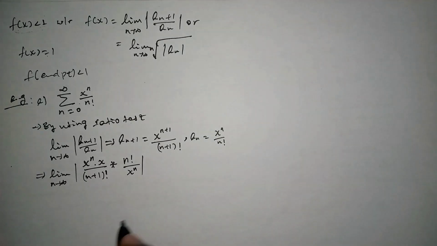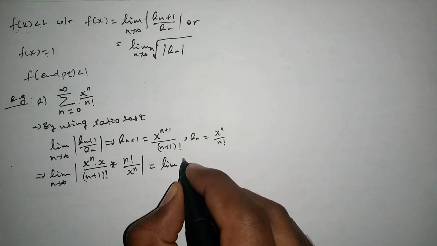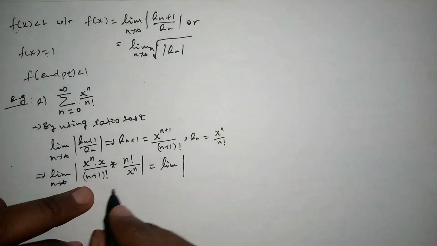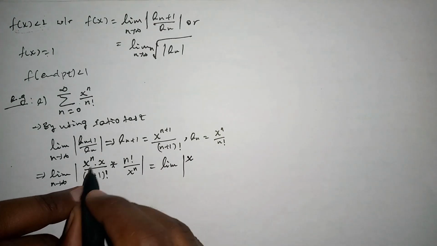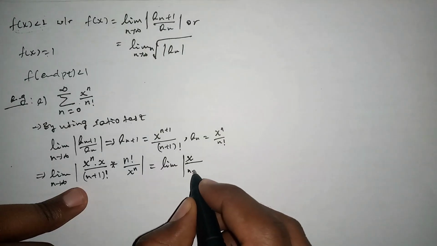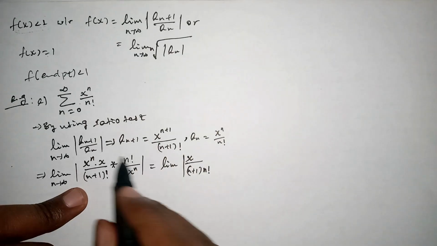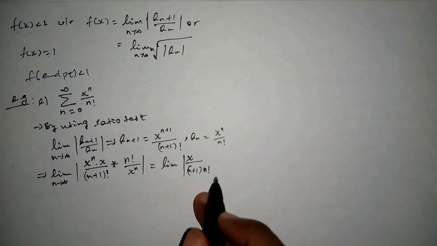This equals the limit of the absolute value of x power of n will be cancelled, x over n plus 1 times n factorial, because I think you know the factorial.